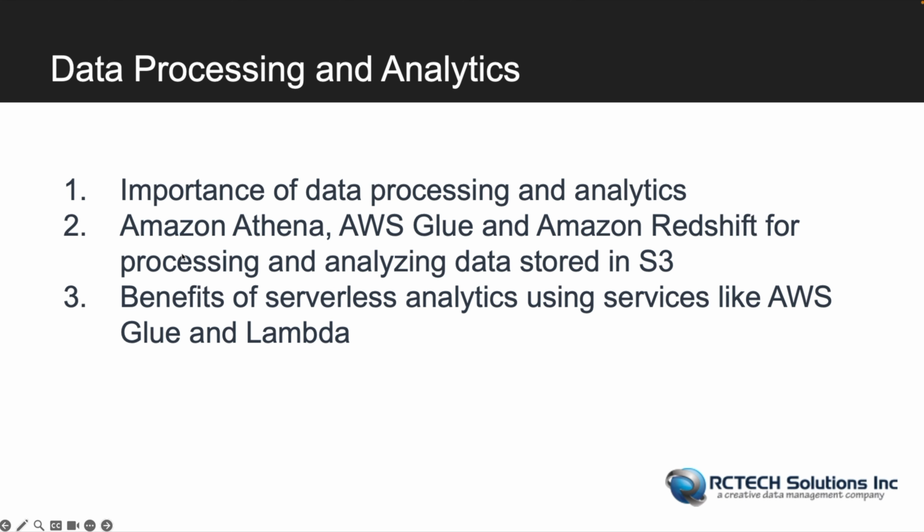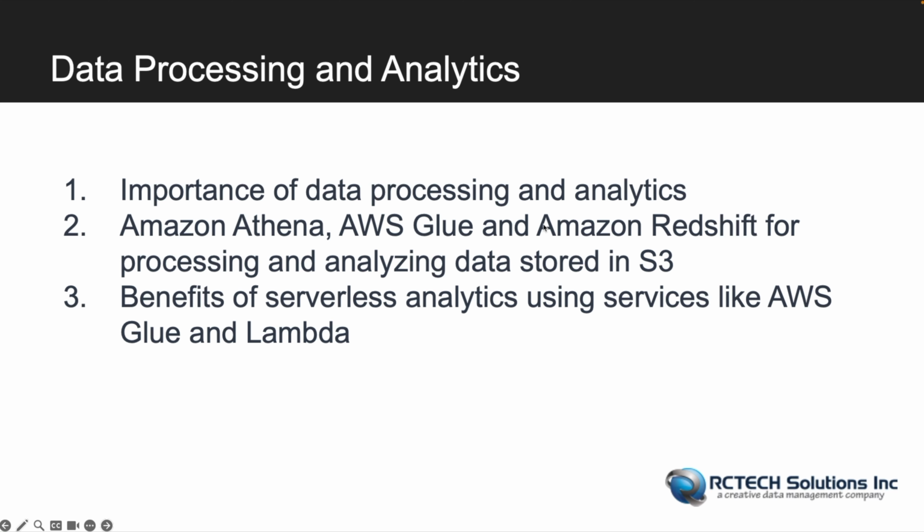The third one is Amazon Redshift. It is a fully managed data warehousing service that enables you to analyze large volumes of data at a high speed. It is optimized for OLAP, which is Online Analytical Processing, and provides excellent query performance.